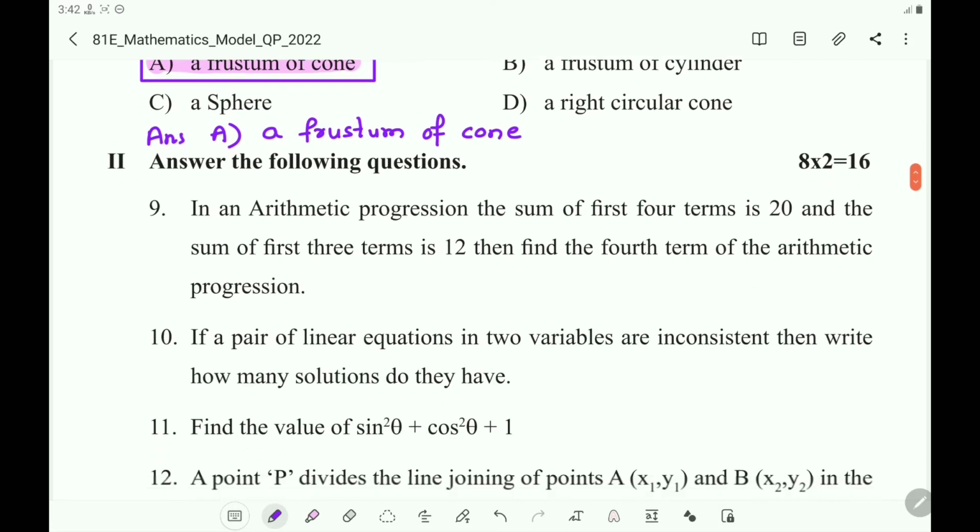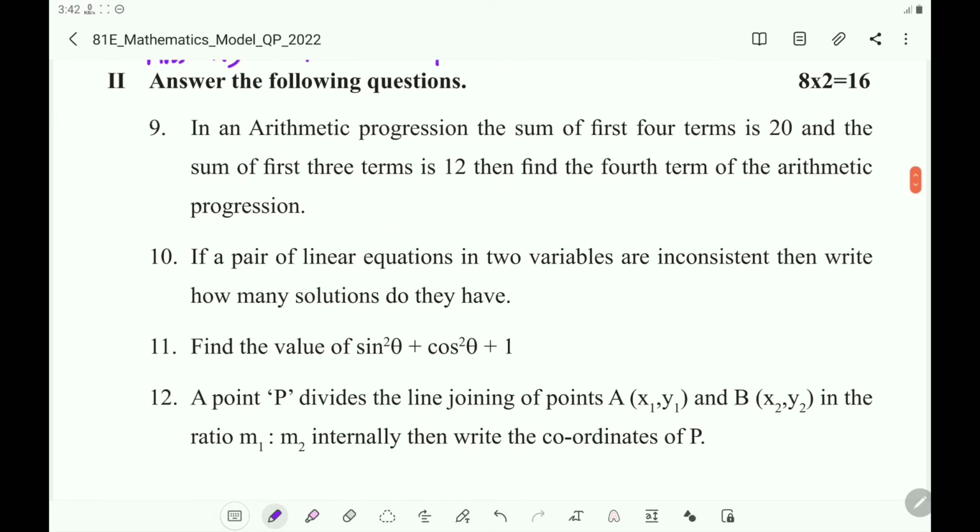Then you take the next question. Answer the following questions. In an arithmetic progression, the sum of first 4 terms is 20 and the sum of first 3 terms is 12. Then find the fourth term of the arithmetic progression.